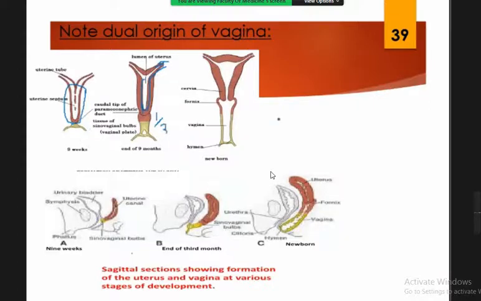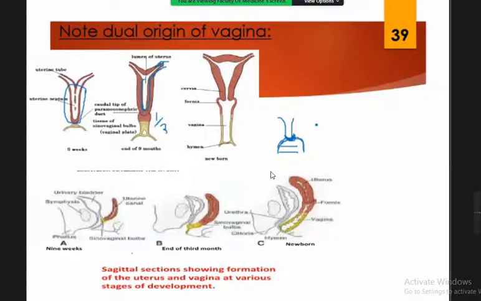But as it moves caudally, it still touches the dorsal ends of the cloaca, and the tips have factors that trigger this part of the cloaca to form a primordium for a vagina.